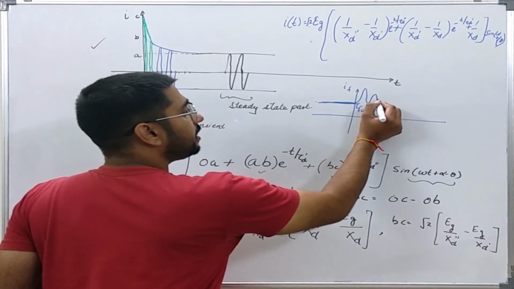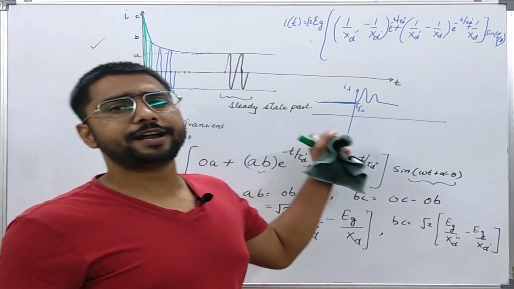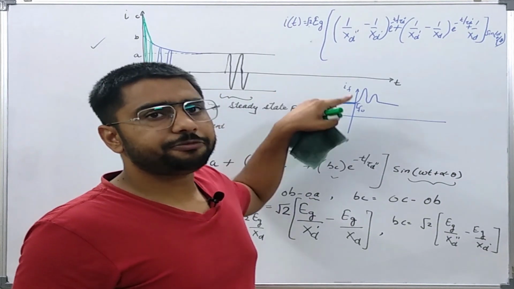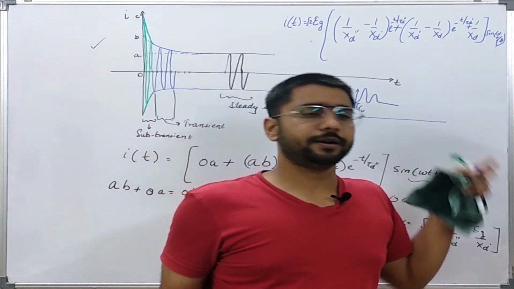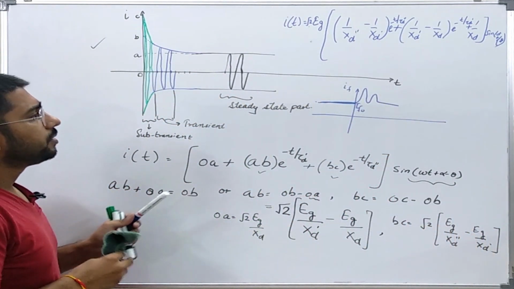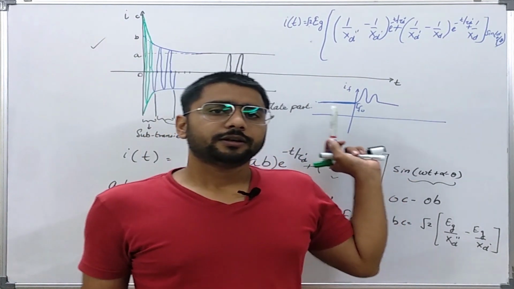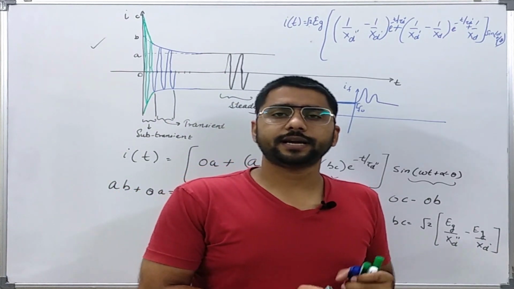And this will decay with the time constant of the field winding. So this kind of current we will see if we draw the oscillogram of the field winding current. Now we are going to show in the next slide the relation between the leakage reactance and the sub-transient reactance.